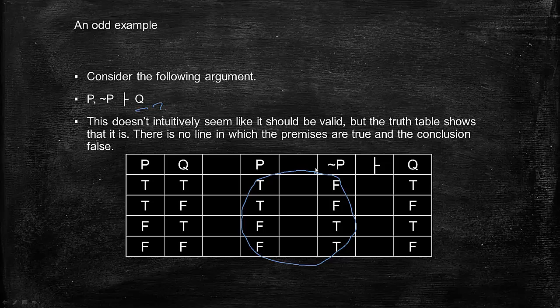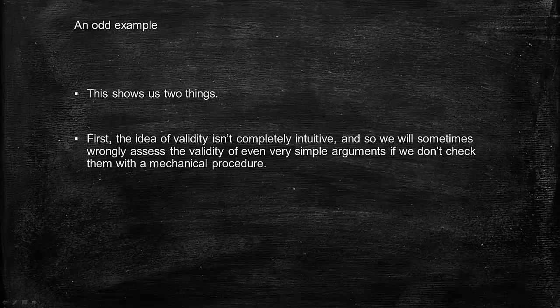And the reason for this is that P and not P is a contradiction. So there's no way to ever create a situation where the premises are true and the conclusion is false, specifically because there's no way to create a situation where the premises are both true in the first place. That's a strange degenerate case of validity, but it shows us two things.